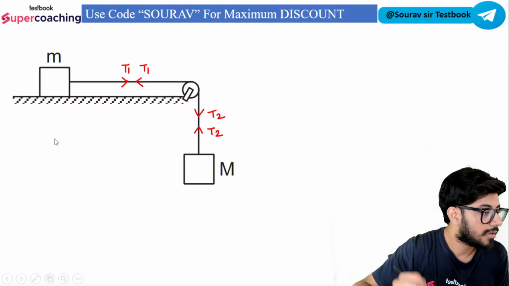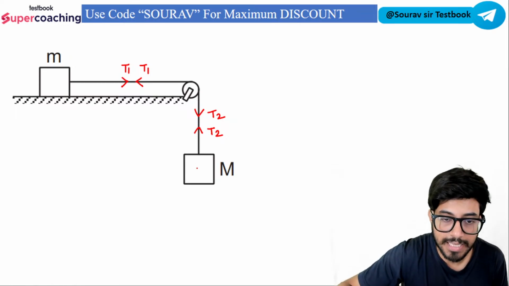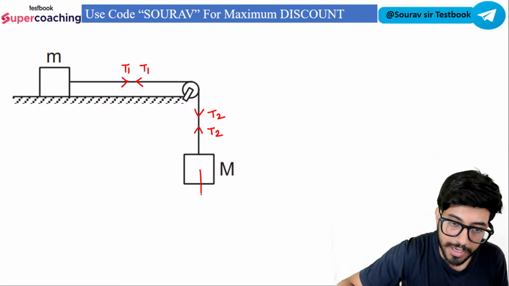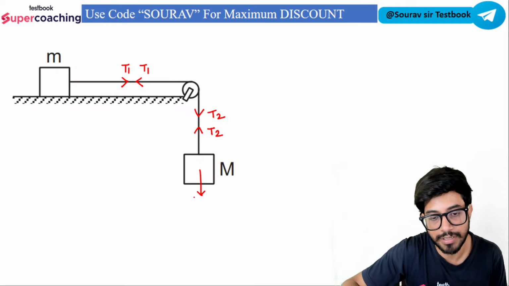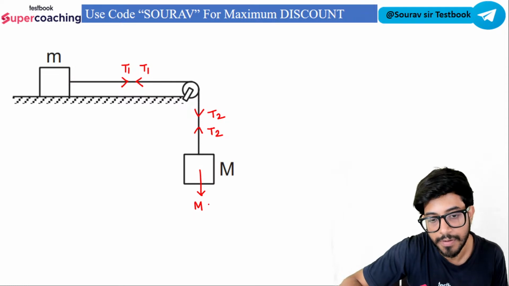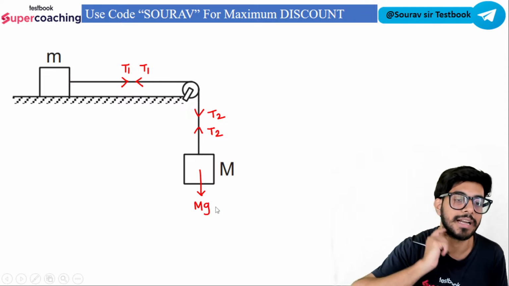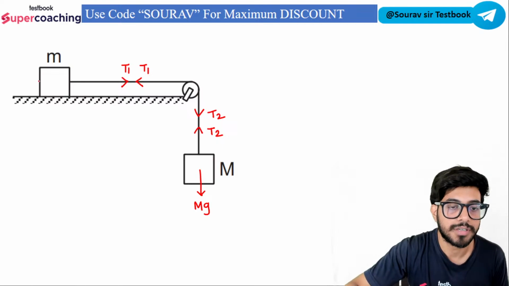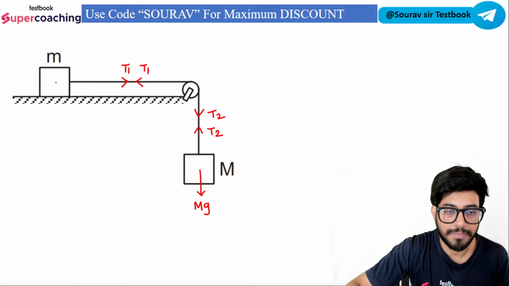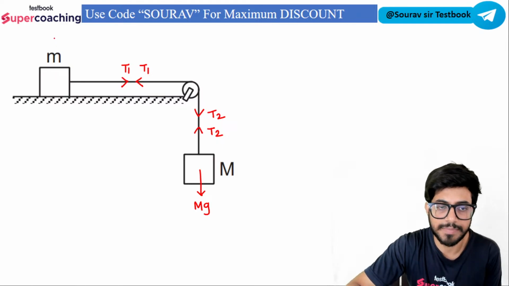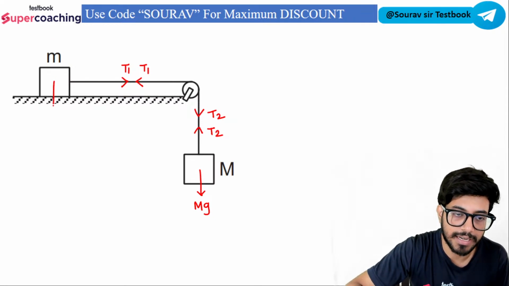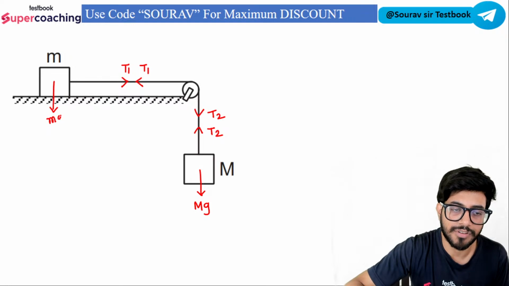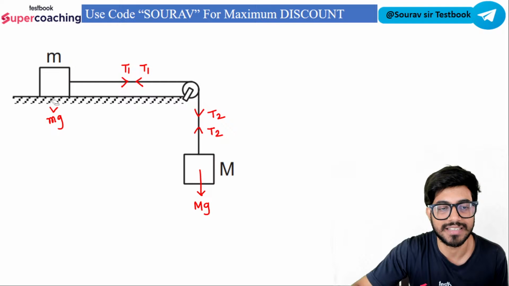Here we know that the weight capital Mg is acting in the downward direction, and over here there is a small mg acting, but that is being neutralized by the normal reaction by the table, so we are not considering this.